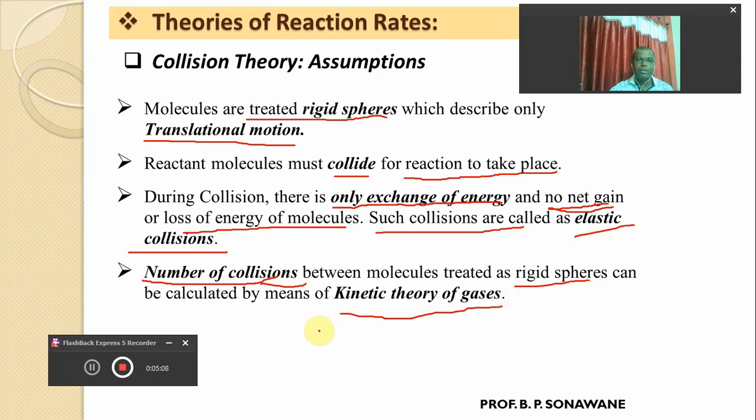That's why whenever we want to calculate the number of collisions between gas molecules, we can use the kinetic theory. This number of collisions will later decide the rate of reaction. What is the relationship between the number of collisions and the rate of reaction, and how the number of collisions will be used to calculate the rate of reaction, that we will discuss later with the help of an equation.